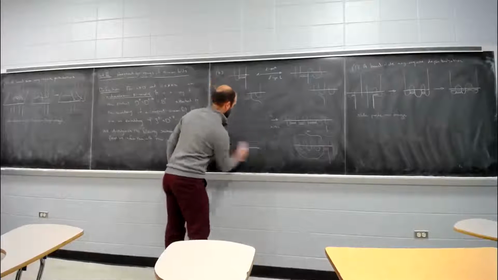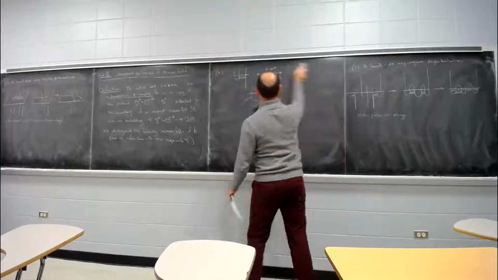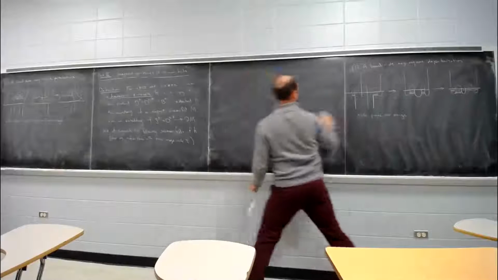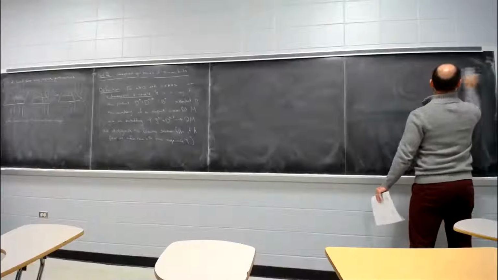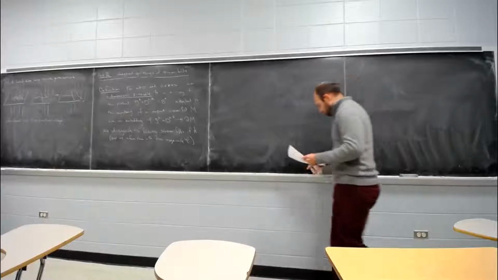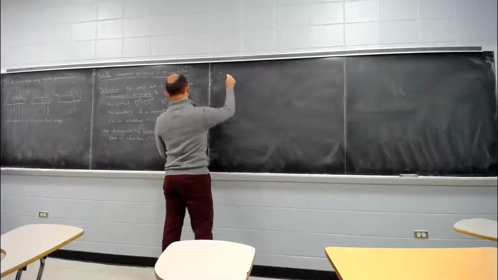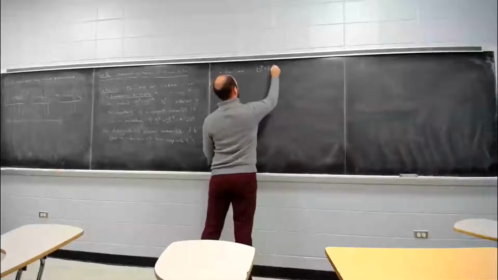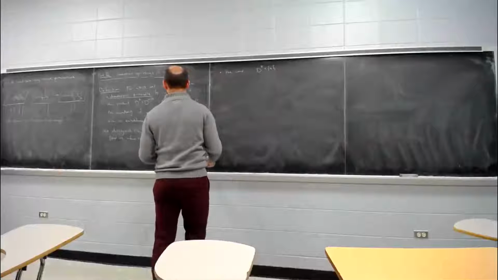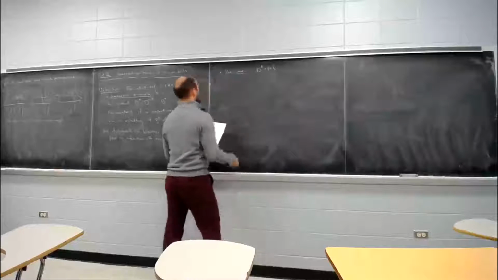So let's talk about the pieces of the handle. The first piece is the core, which is D^k × 0. So we take the first factor and cross with the center of the second factor.